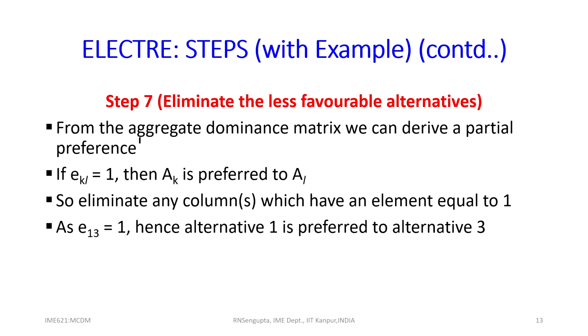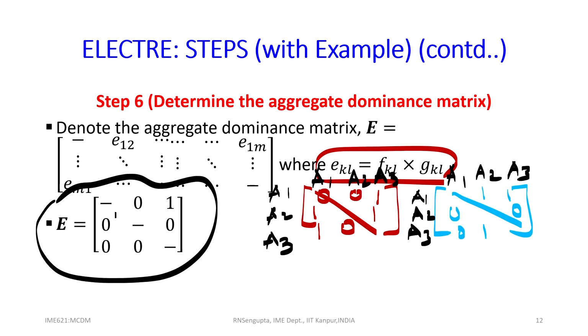From the aggregate dominance matrix, we can derive a partial preference. When I compare A1 to A3, I would always benefit on the positive scale, and the benefit on the negative scale is the least. So, A1 would always be preferred over A3.